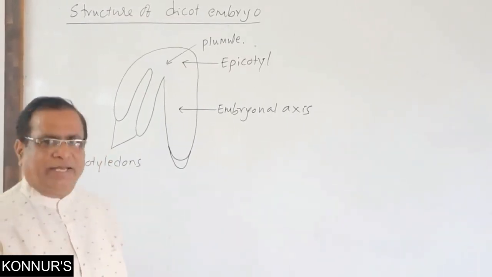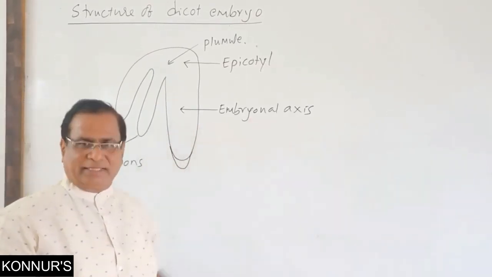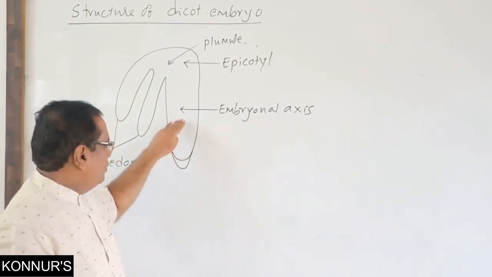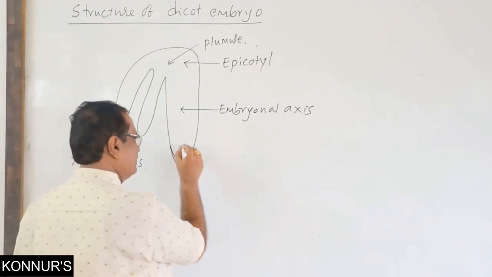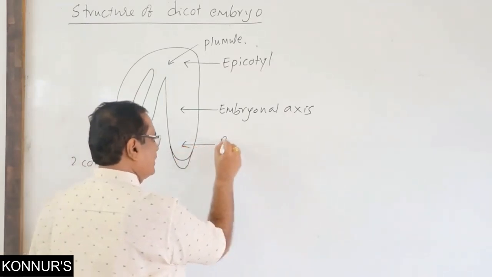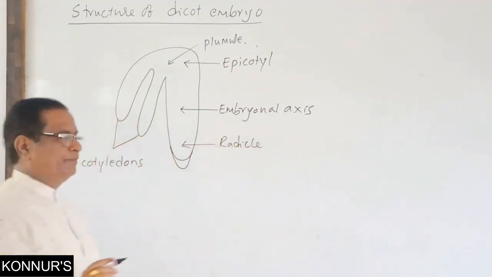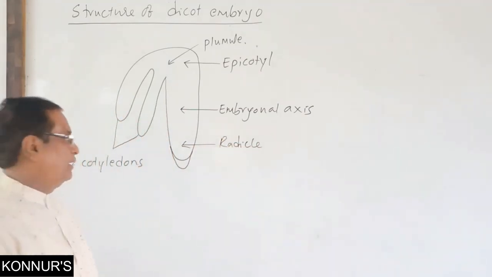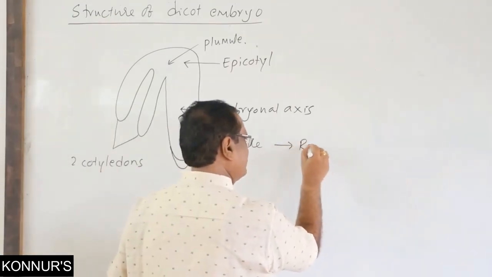And in a similar way, a portion of embryonal axis below the cotyledons is named radicle. And this radicle gives rise to the root system.